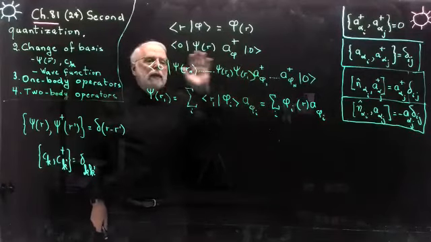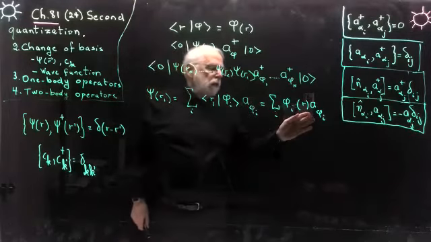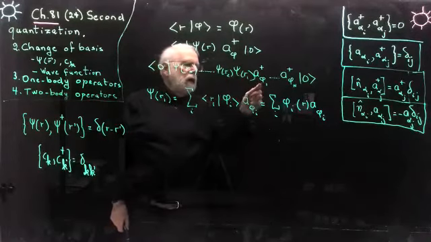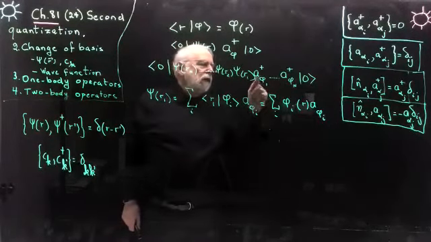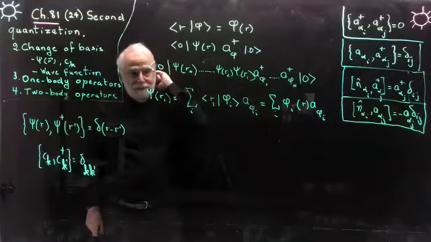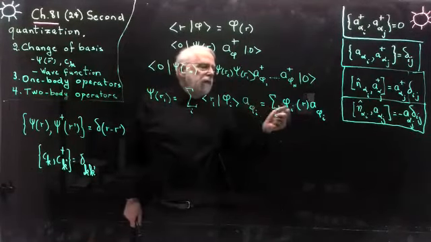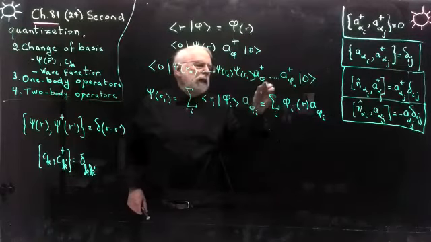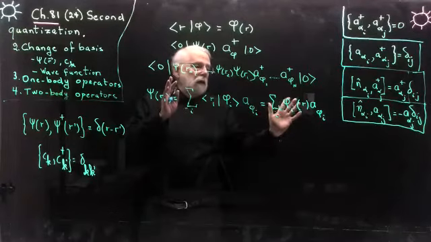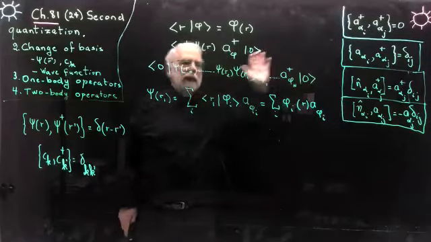Now, when will we get something that's different from zero? We will get something different from zero only when all the labels that appear here, all the phi 1 to phi n, are the same as there. Suppose that one of the labels that appeared here is not in this. Then I can anti-commute the destruction operator to the right and get 0.